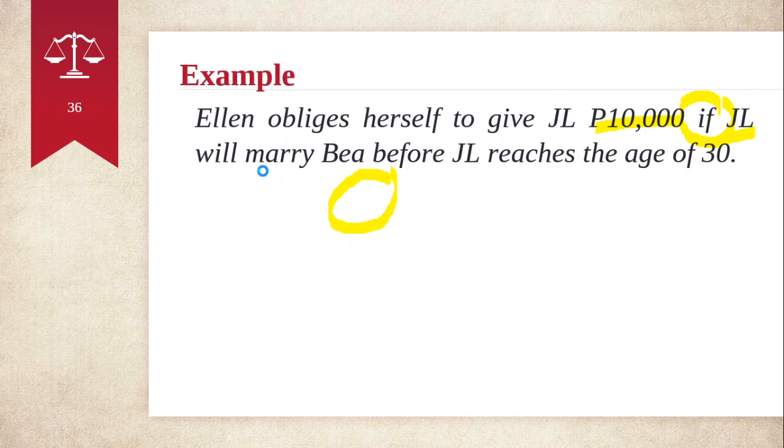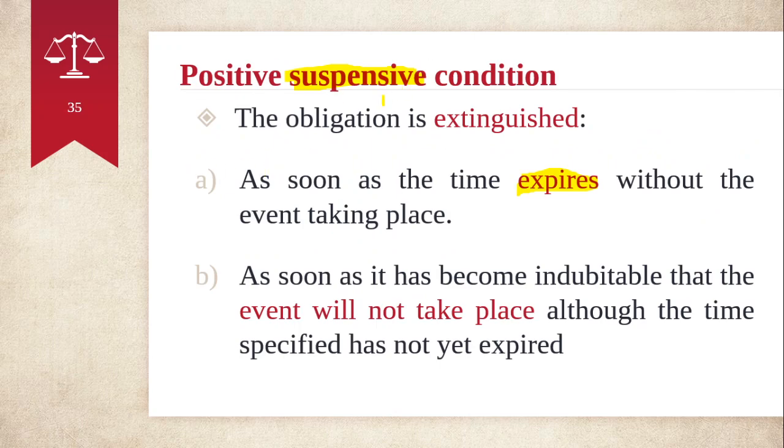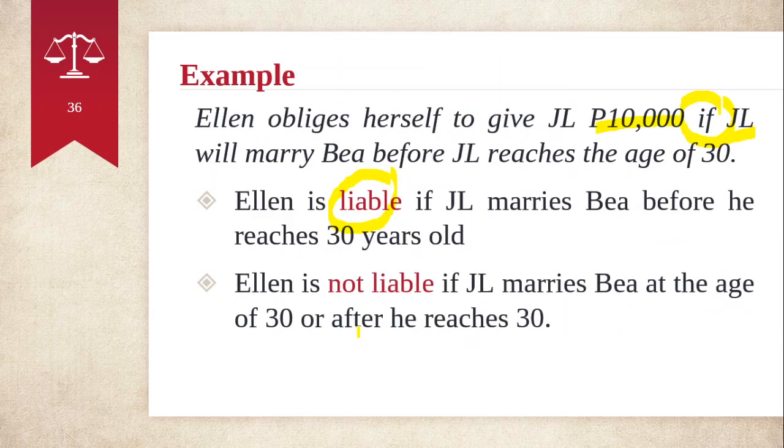So balikan natin yung sabi ng provision, the obligation is extinguished as soon as the time expires without taking place, or the event will not take place. Okay? So let's have this. Ellen is not liable. Ito na yung sinasabi niyang extinguish.